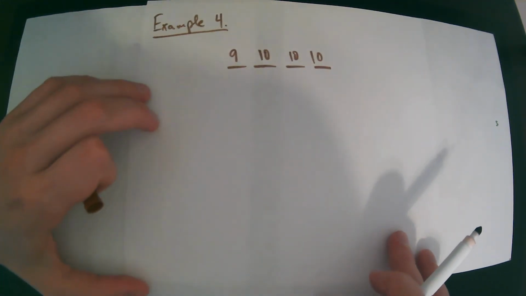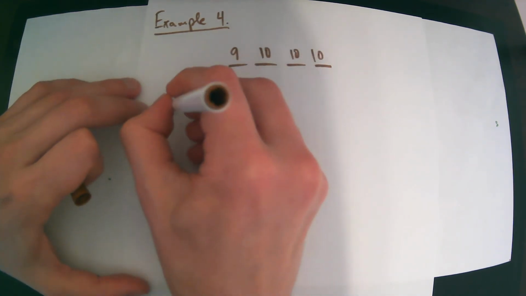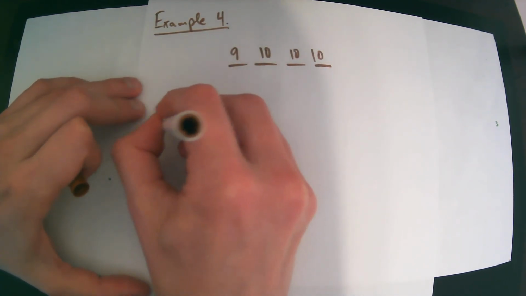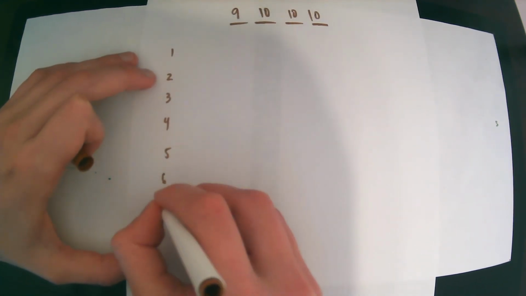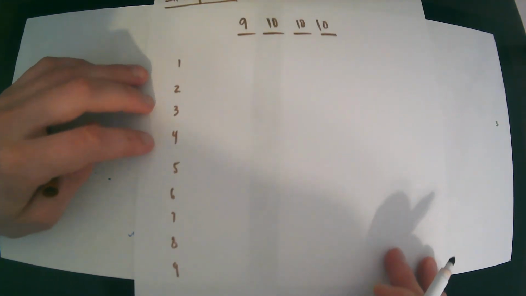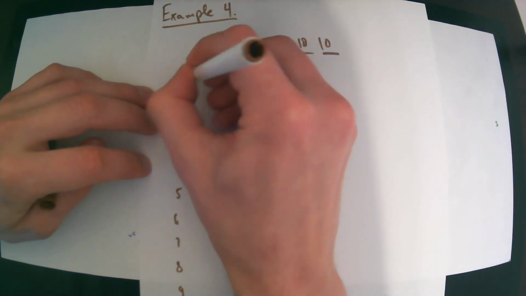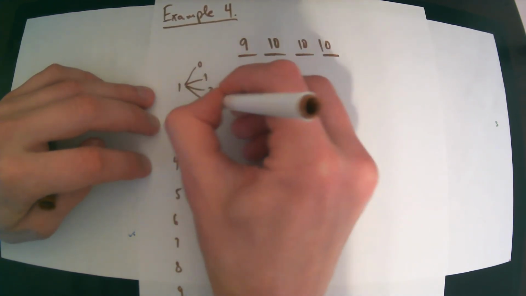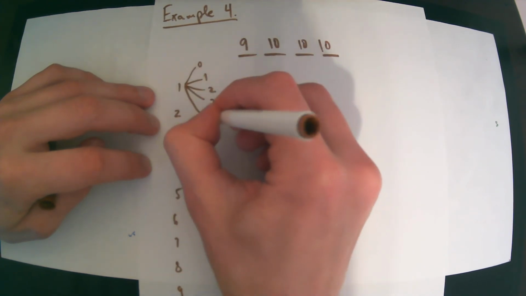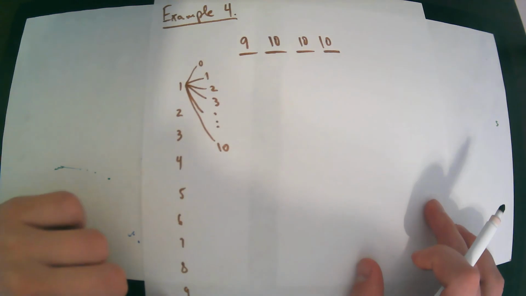So if I was to represent this as a tree diagram, in the first spot I've got 1, 2, 3, 4, 5, 6, 7, 8, or 9, but not a 0. And then off of each of these, I'm having a 0, a 1, 2, 3, all the way up to 9, 10 options for each of these.